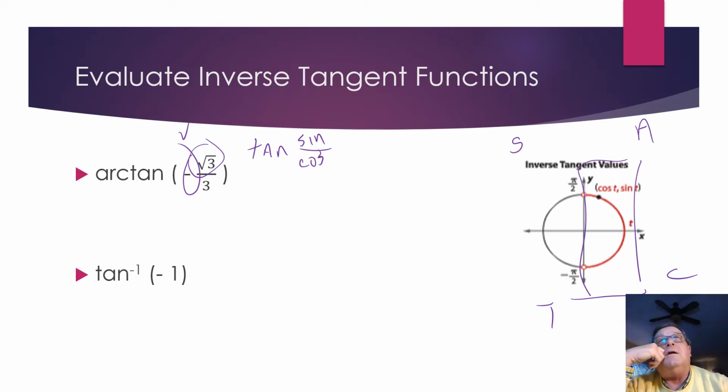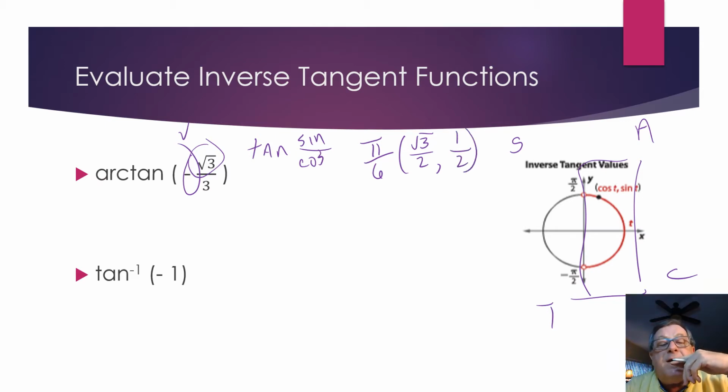And I'm sitting here thinking, okay, what's at pi over 6? What is the cosine? Let's see, at pi over 6, the cosine is the square root of 3 over 2, and the sine is 1/2.